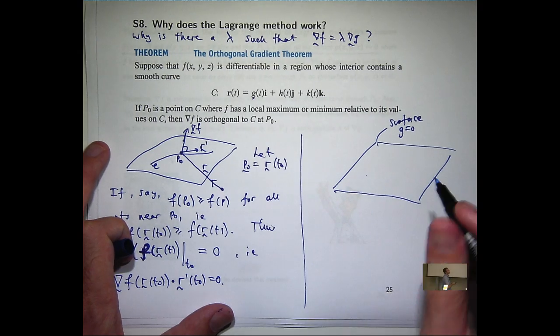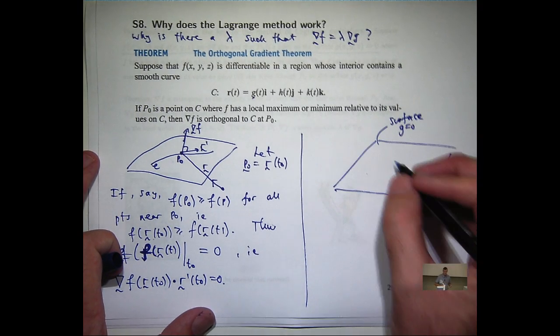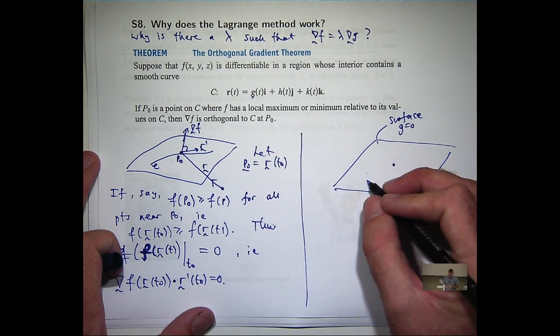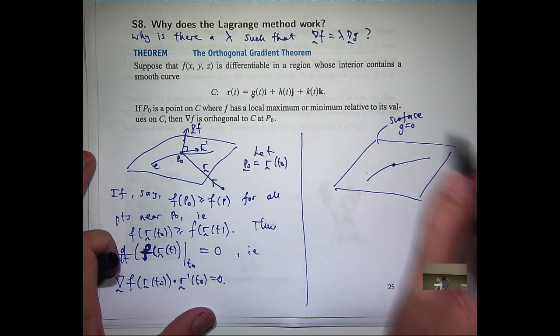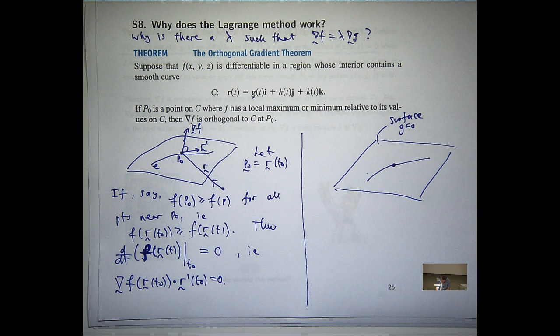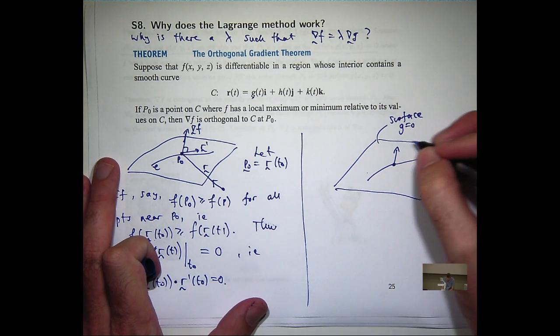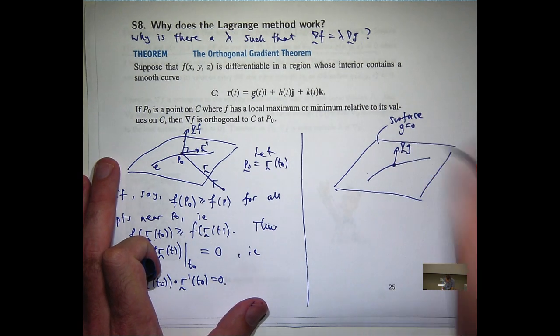Okay? And everything's pretty much the same as before. Now, if I have a surface g equals 0, how can I form a normal vector to the surface g equals 0? What do I do to g? Take the gradient, right?